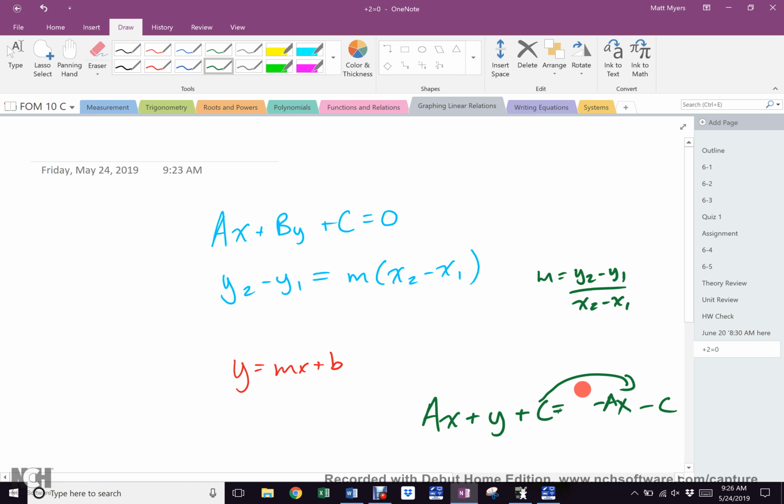So then, what's my slope now? Negative a, which would be the same as m. And my y-intercept is negative c, which would be the same as b, because y is isolated. What if this y had a 2? What would the slope be? Negative a over 2.